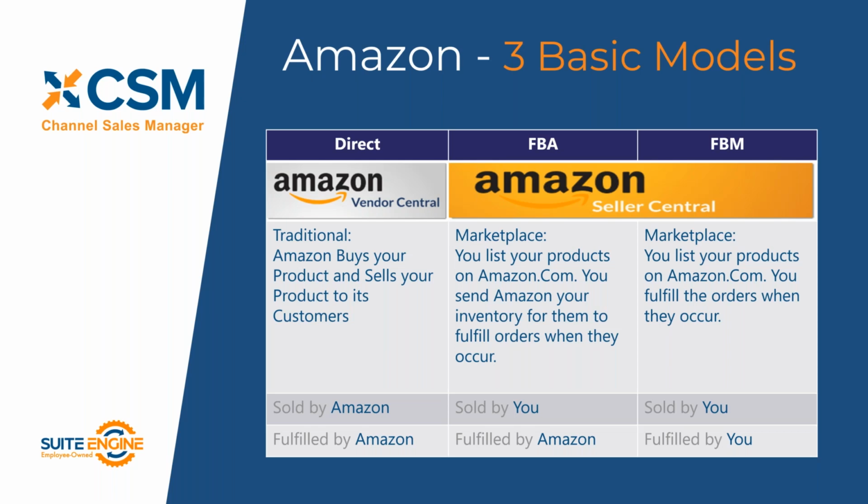And then when an order takes place, that is communicated to you, and then you do the fulfillment. In other words, you ship directly to Amazon's customer. So you are selling it and you are fulfilling it. So that's one key piece of terminology that we need to know about Amazon. So our product supports the Seller Central models of fulfillment.